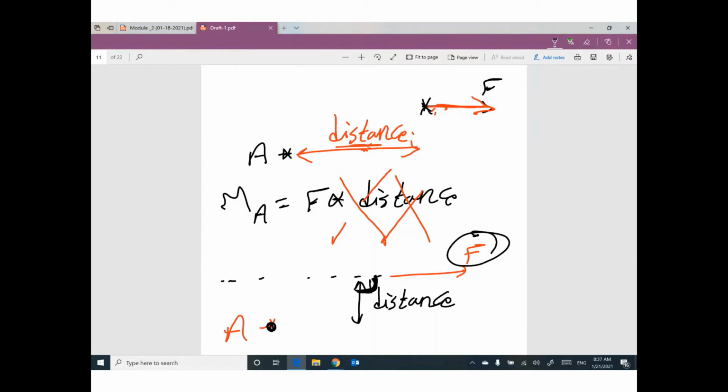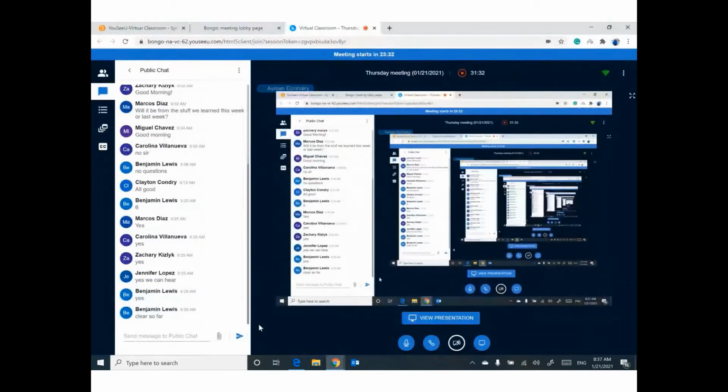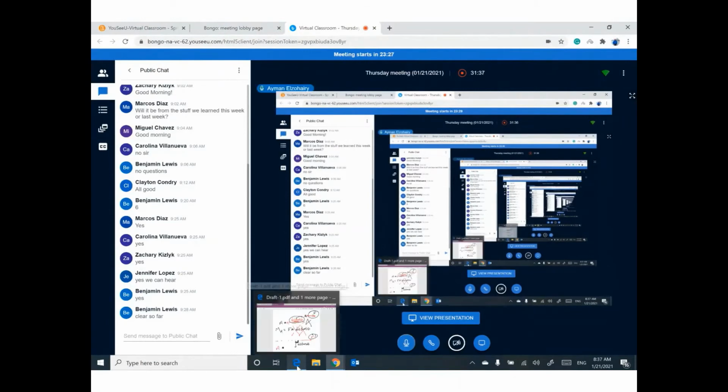If you don't have distance, that's fine. But if your distance and your force are in the same direction, that's wrong. Is it clear? This point is clear for you? Okay.